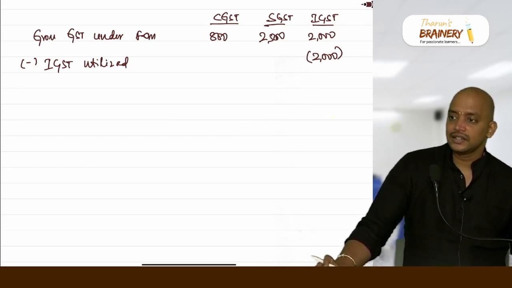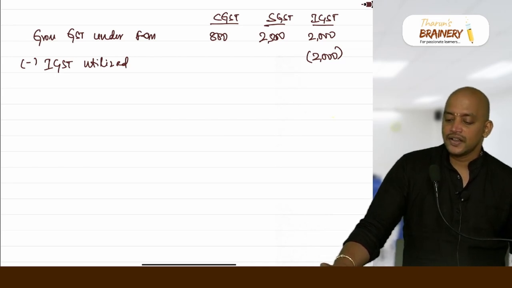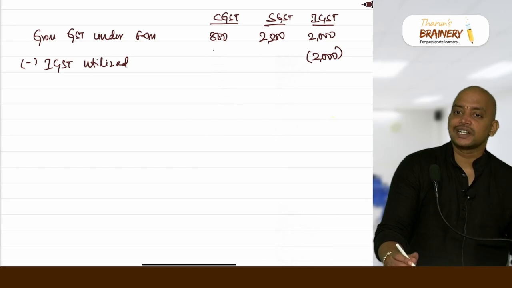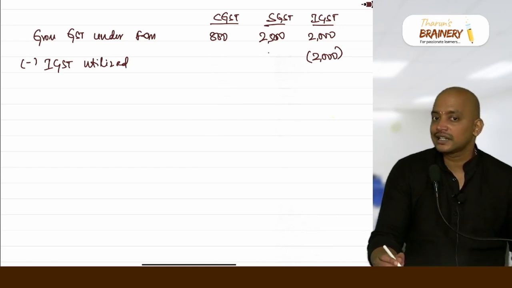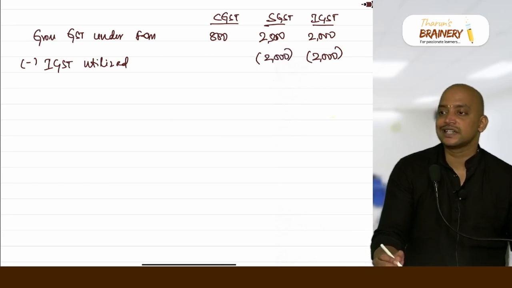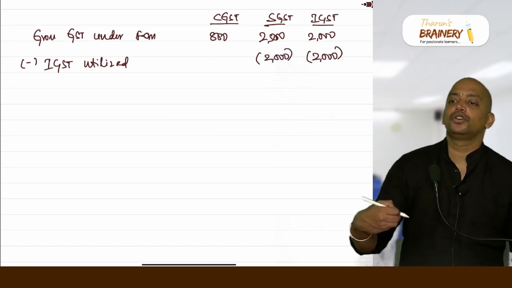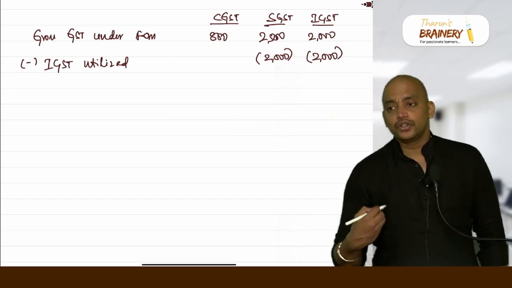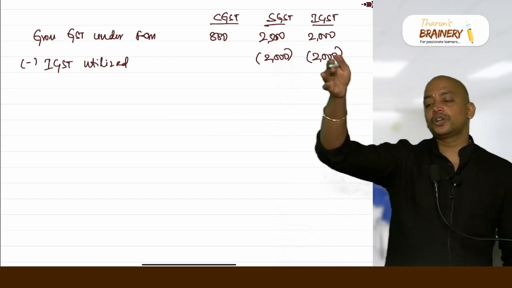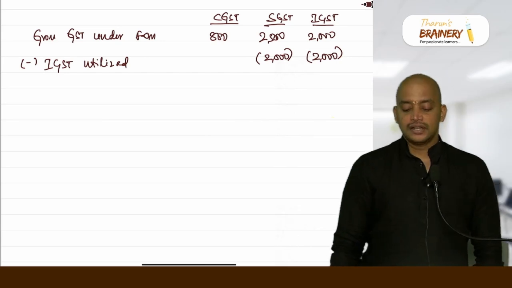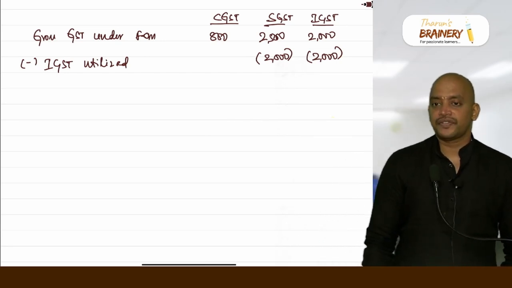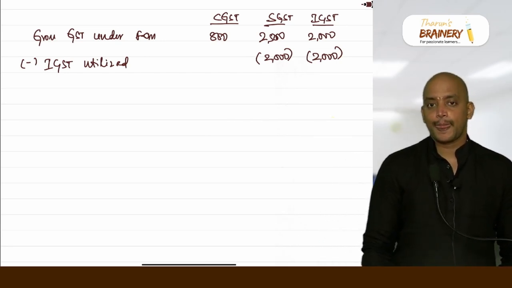CGST 2,000, SGST 500, which means we have sufficient credit in CGST, and only in SGST there is a shortfall, correct? So the difference of 2,000 you use for payment of SGST, so that the cash outflow will be minimized. How do you know the correct answer? You total the liability. See the total liability: 800, 2,500 and 2,000.